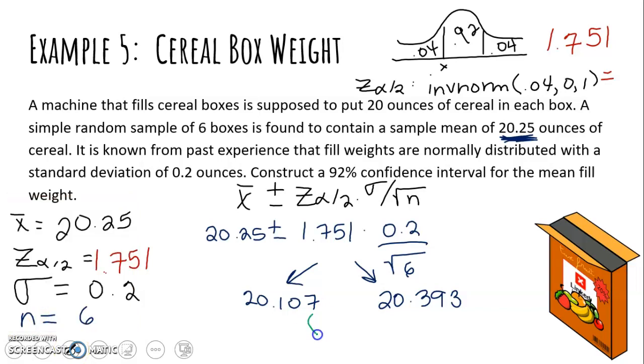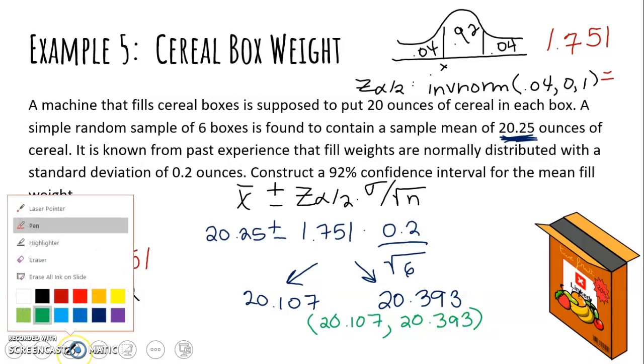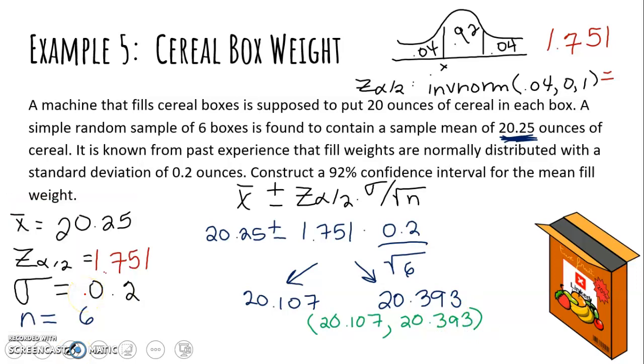So one, you can just put it in parentheses and sort of write it like an ordered pair, with the first number being your lower boundary and your second number being your upper boundary, like that. You can also write it, the lower boundary is less than the parameter, in this case the mean, which is less than the upper boundary.